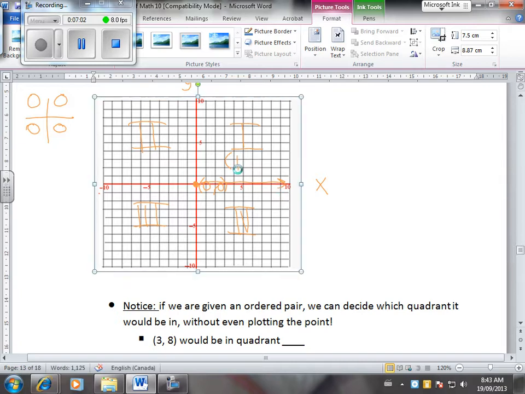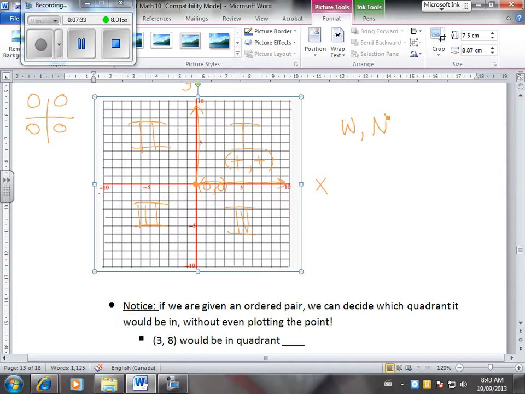All my x values are positive, and all my y values are also positive. So any point in quadrant 1 is positive, positive. That's something we're going to need to remember, because that's where things like whole numbers and natural numbers will be found. So if I ever ask you to give me a coordinate for a whole number, you can't be in any of the other quadrants. You have to be in quadrant 1.